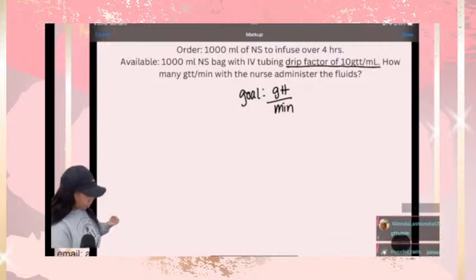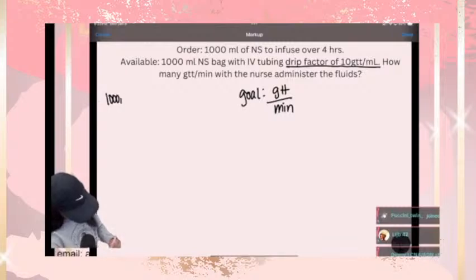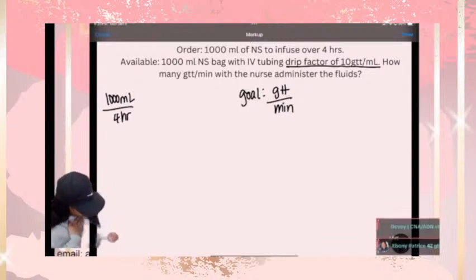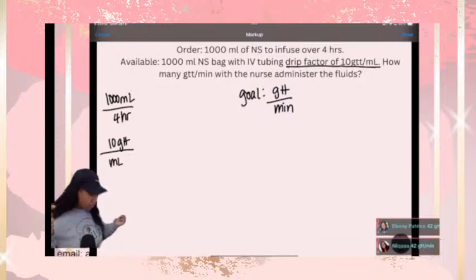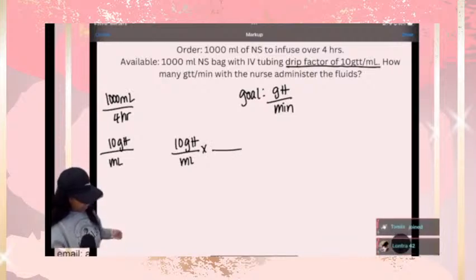All right. So 1,000 mLs is going over 4 hours. I'm just setting my relationships up. So they're in a relationship right there. And then your tubing factor, that's a relationship right here. If we're starting with drops on the top, I'm going to start with drops on the top. So 10 drops over mL. Now we have milliliters on the bottom. We need milliliters at the top.